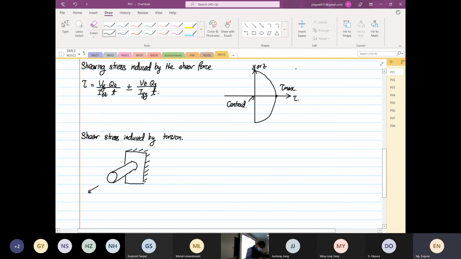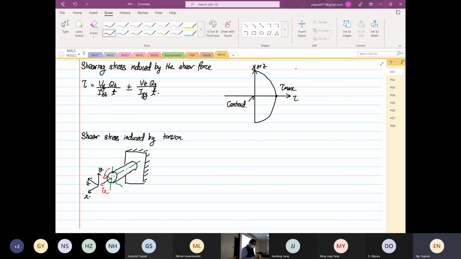This is our x, our y, and our z, relative to our centroid. The torque in the x direction is going this way, so it's a rotation.